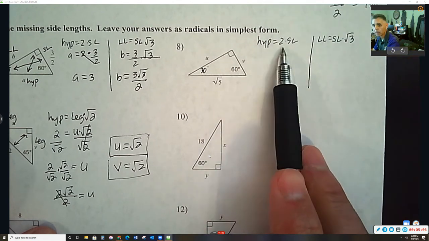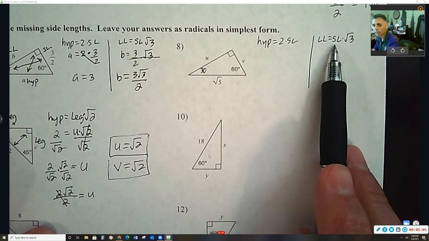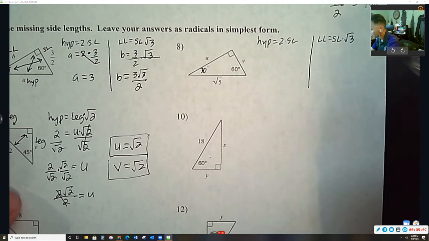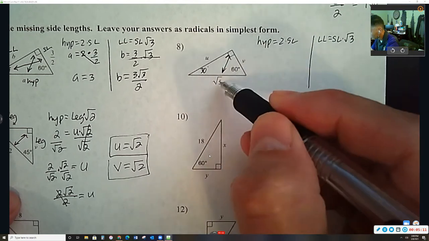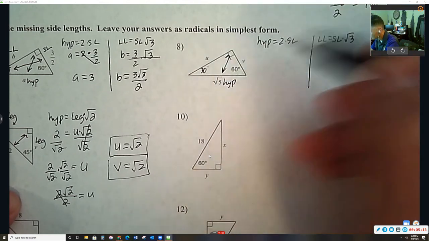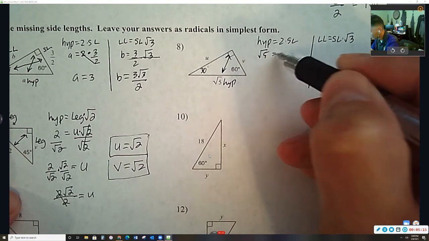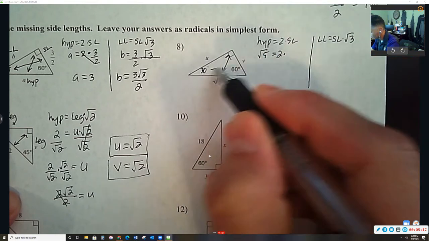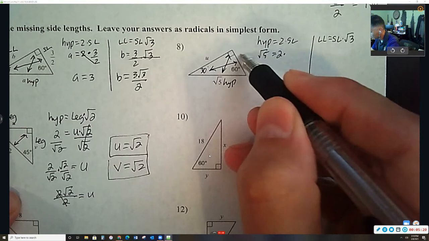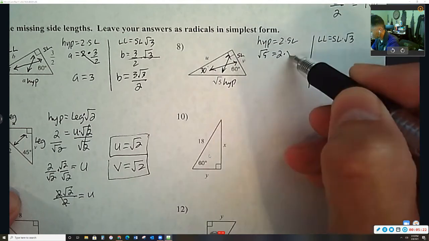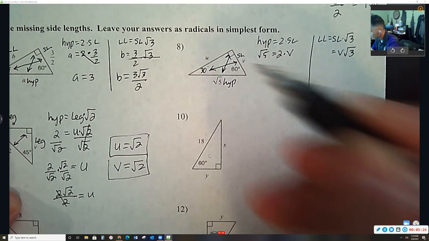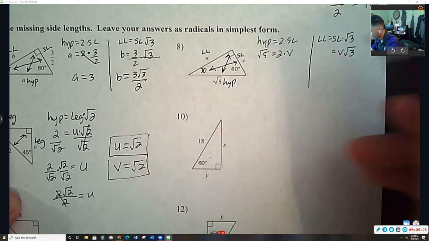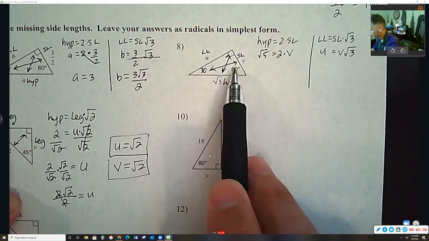The hypotenuse is 2 times the short leg, and the long leg is equal to the short leg times the square root of 3. Figure out what the hypotenuse is. The hypotenuse is the square root of 5. The short leg is V. And then the long leg is U, because it's across the 60.